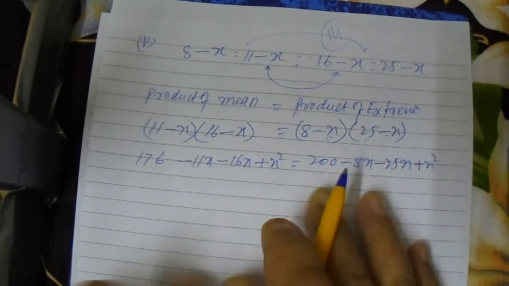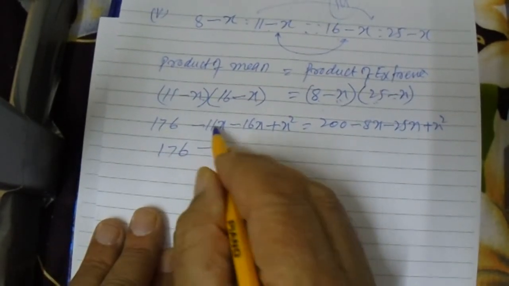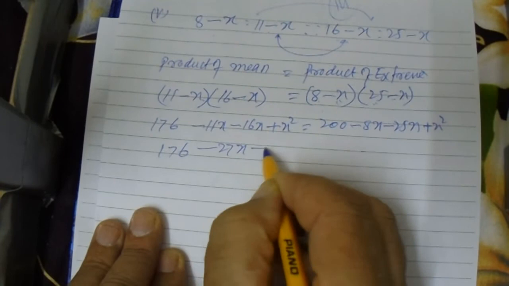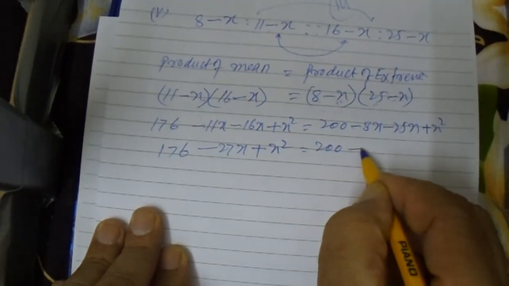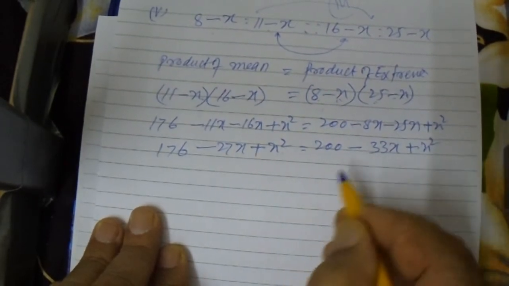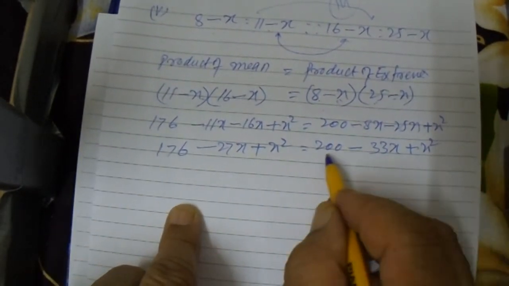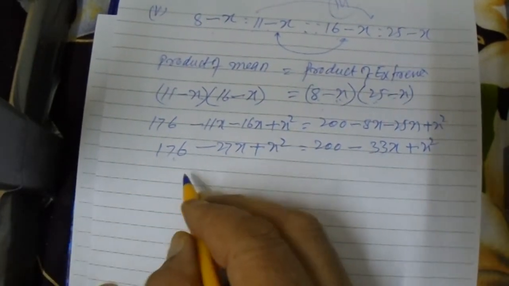Now we write this. And here 176 minus 27x plus x square is equal to 200 minus 33x plus x square. Now we take all on the left side.